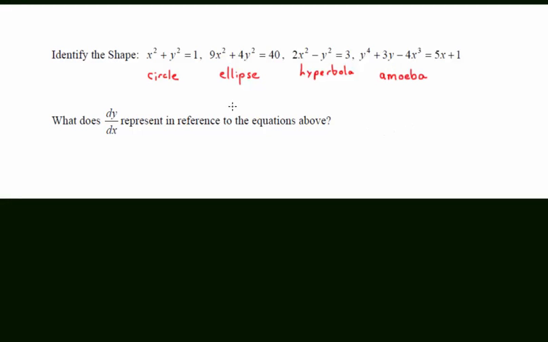Amoeba. Okay? So the thing that these all have in common, though, they're all relationships. They're not all quadratic. The thing they have in common is that they're not functions. So even though they're not functions, if we were to find dy dx, what would that represent? It's the same thing it has always represented. What does dy dx represent in all these cases, including the amoeba?